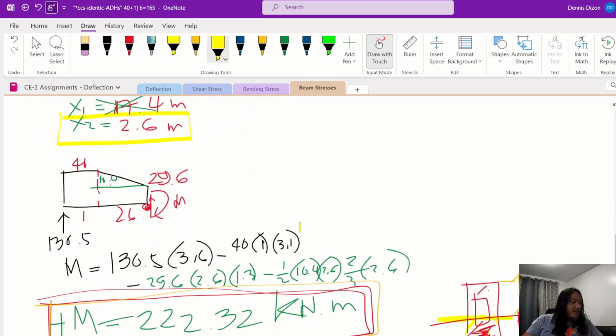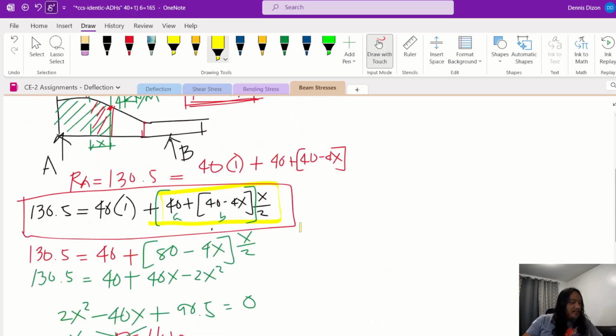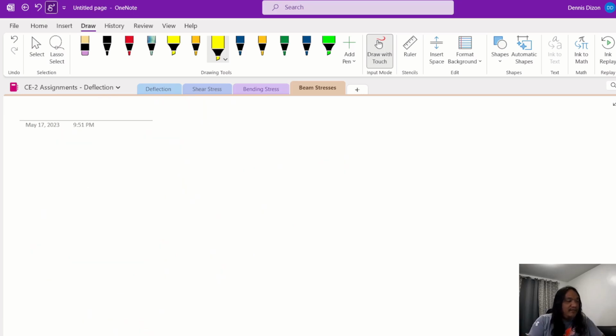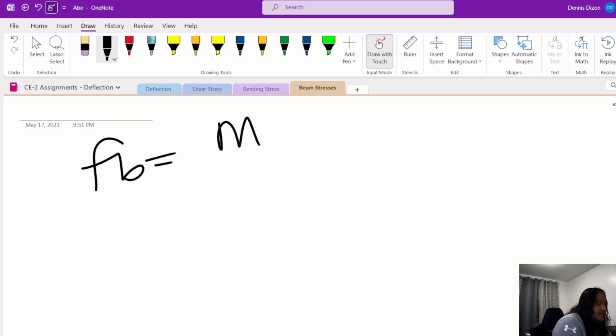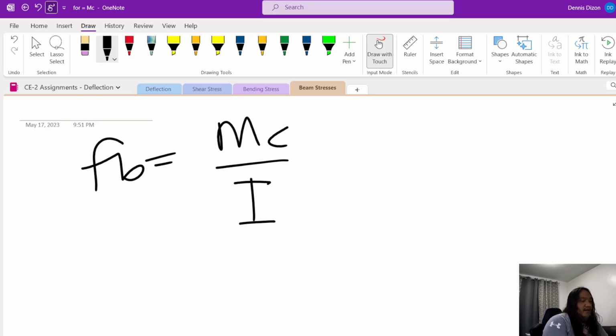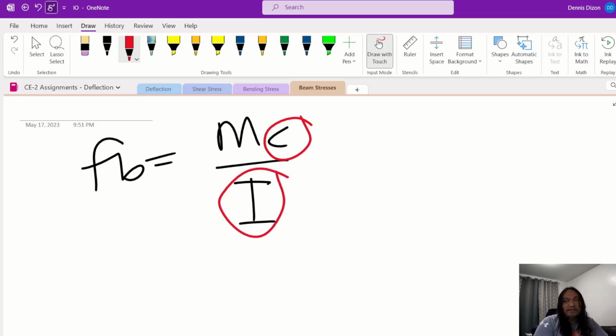Now, to get the maximum flexural compressive stress, we will solve for the moment of inertia because if B is equal to MC over I, we have to determine the distance from the neutral axis to the outermost compressive fiber and then the moment of inertia as well.